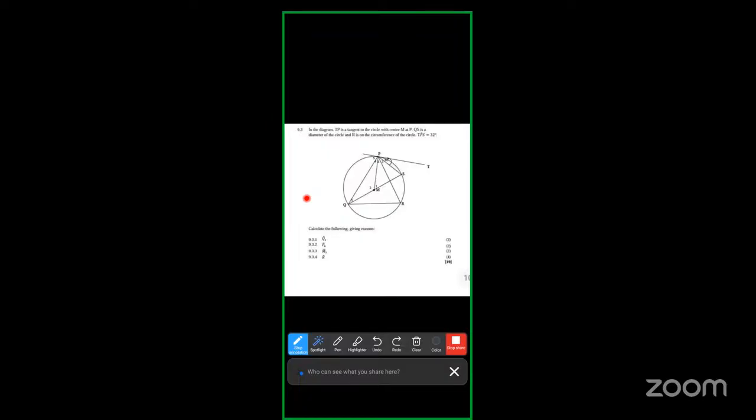It's equal to 32 because of tan chord theorem. Okay, then she says this angle is equal to 32 degrees, reason being tan chord theorem. Do you all agree? Yes, sir. Okay, I also agree.